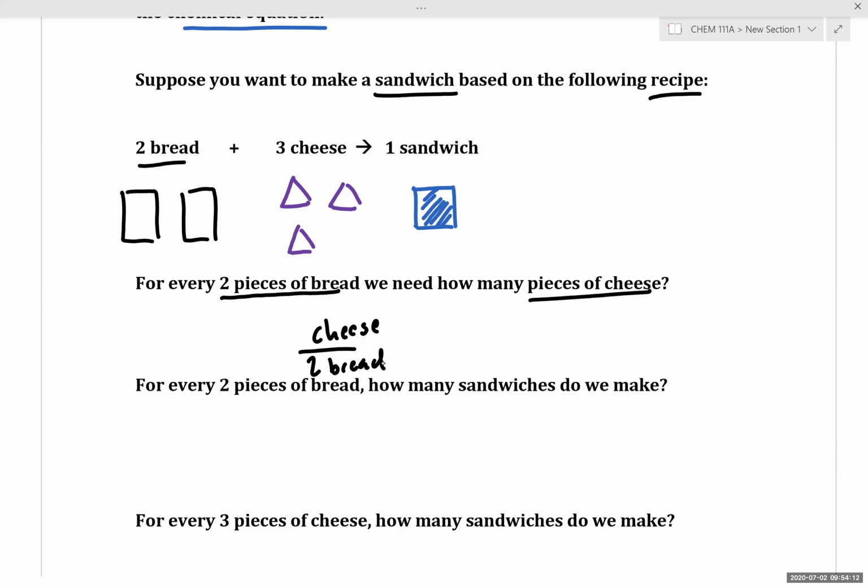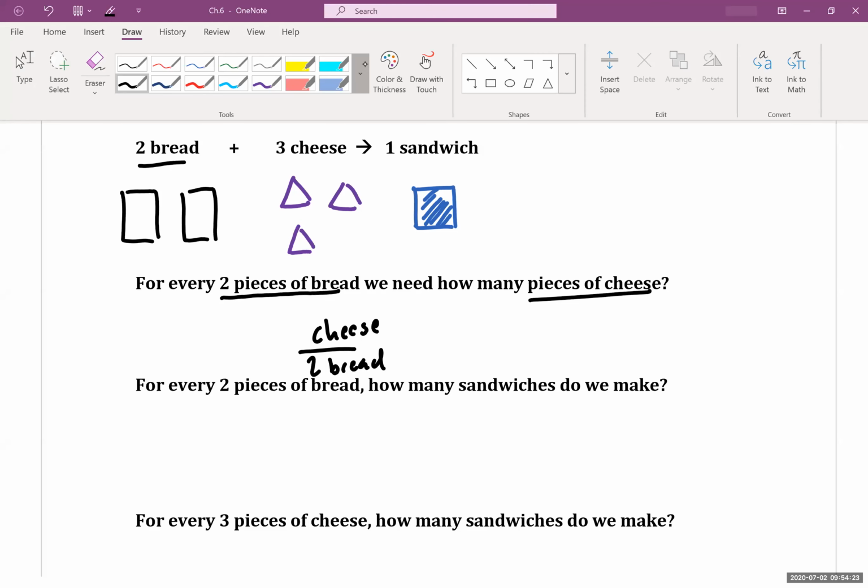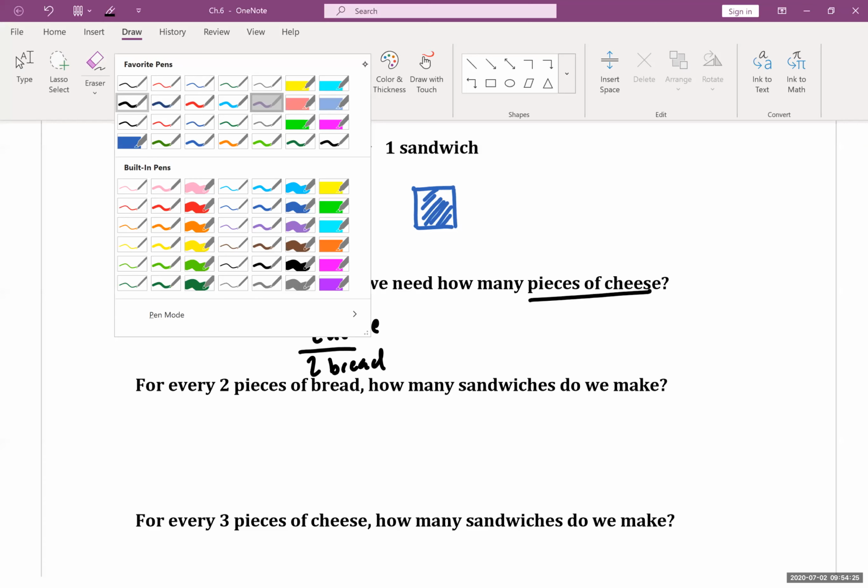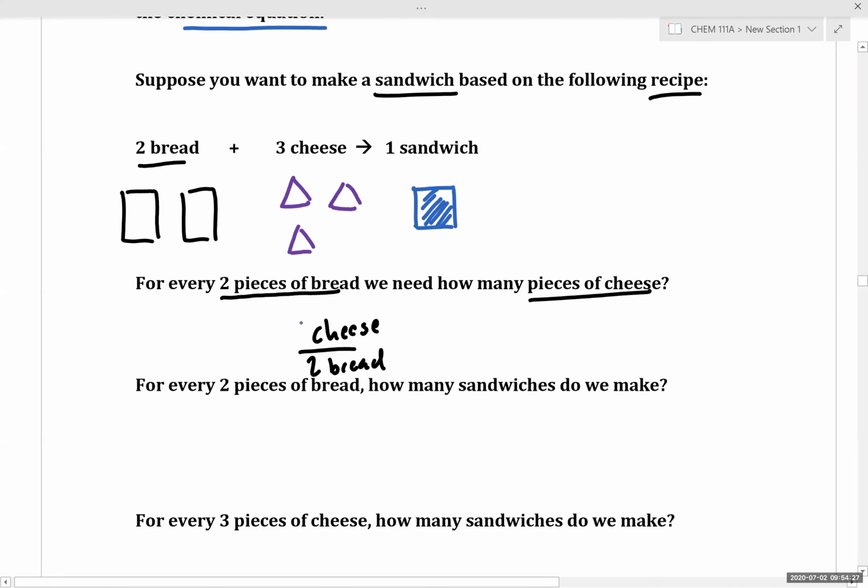And don't worry, this example will have a payoff with respect to chemistry. And don't be shy to unmute and propose your responses or to type your responses in the chat. 3, right? We see from our recipe, we need 3 pieces of cheese per every 2 pieces of bread.